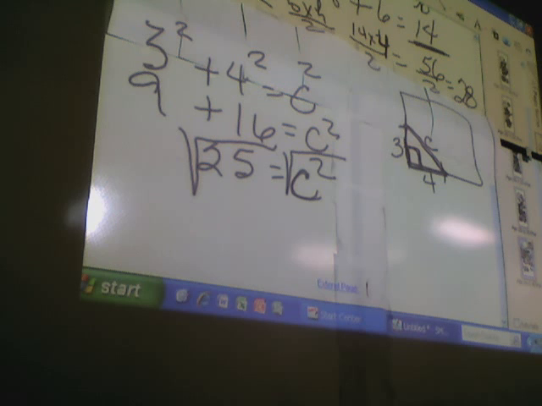The square root cancels out the square. Square root of 25? 5. So he would need to measure 5. And what were these that he measured? He measured feet. So it would need to be 5 feet if that was a right angle.